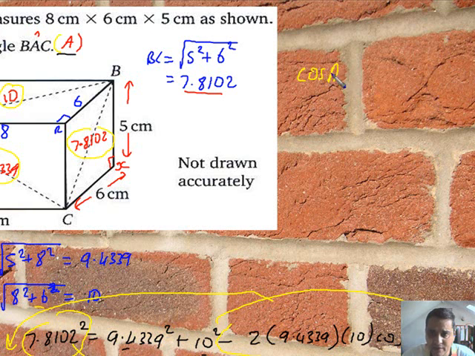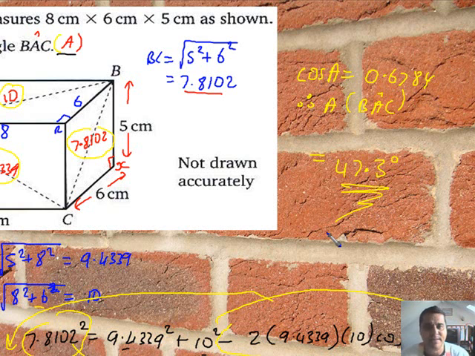So the cosine of the angle I want is 0.6784. Therefore, the angle that I want, which is BAC, is going to be shift cos of that. So shift cosine equals, I make that 47.28, 47.3 degrees. I sure hope I'm right.